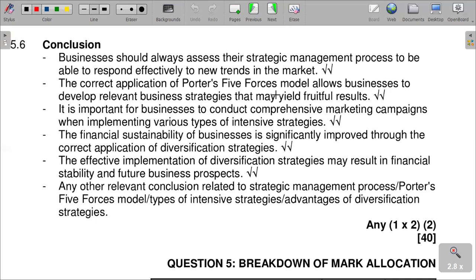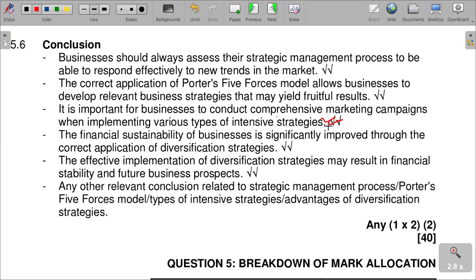Again, you may also add that it is important for businesses to conduct comprehensive marketing campaigns when implementing various types of strategies.